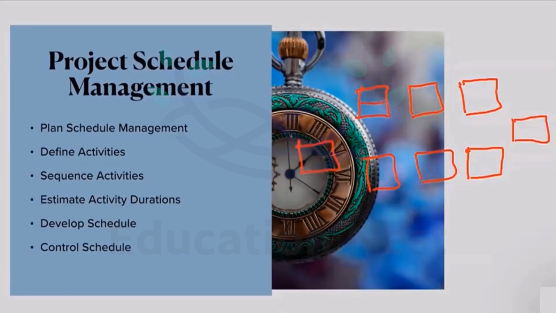Against each activity, we assign a time to it. So activity A, 12 days, activity B, 15 days, something like that. And then the path which takes us the most number of days to reach the finish, it could be this way or it could be this way, that path is called the critical path. So just keep that in mind.